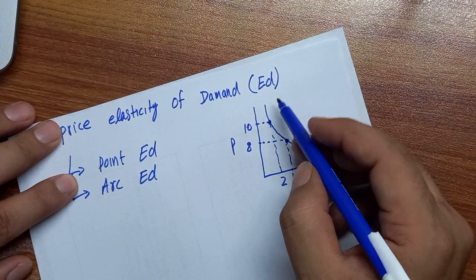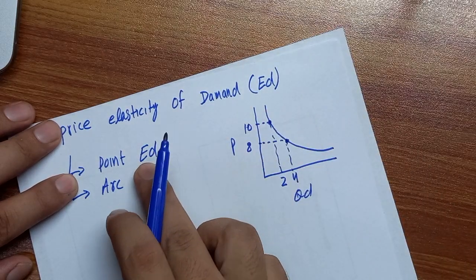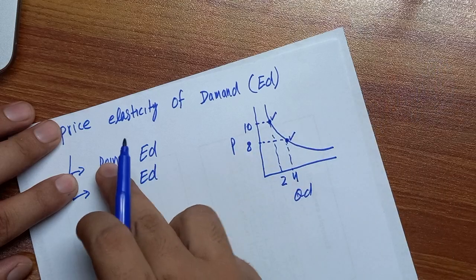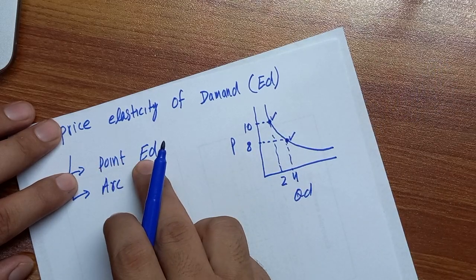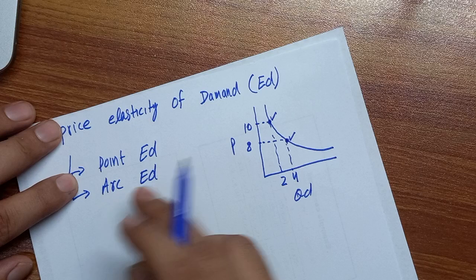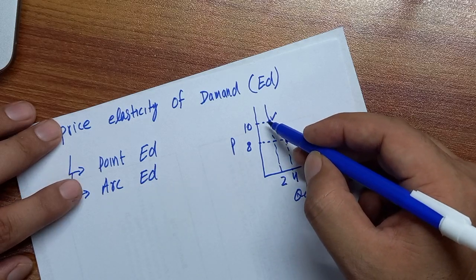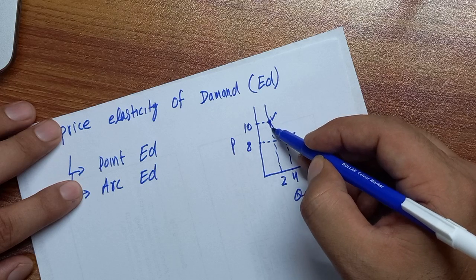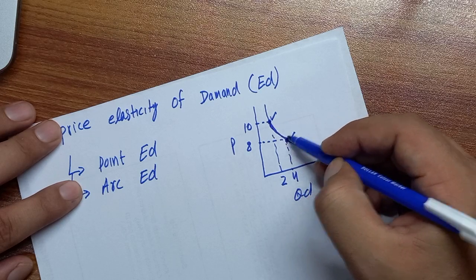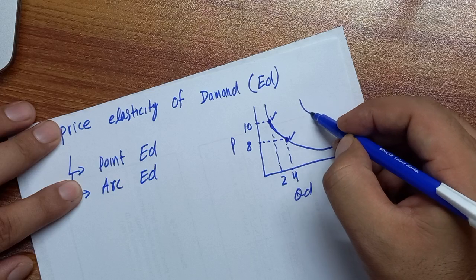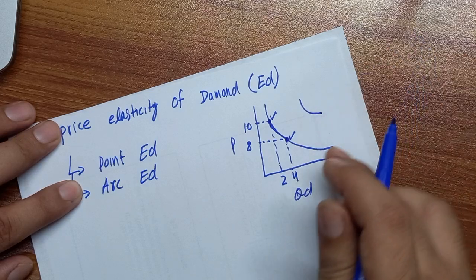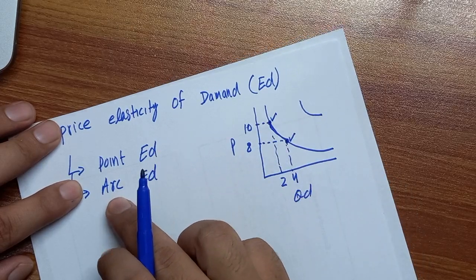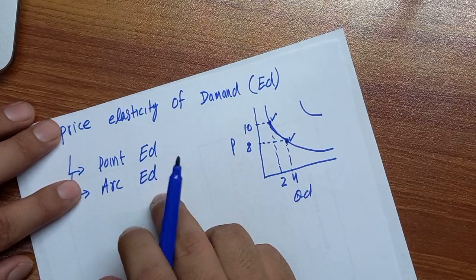When we are finding the elasticity of demand on this point or on this point, we will use point elasticity. And if we are finding the elasticity of demand between these 2 points, we have a shape like an arc, so we will use arc elasticity of demand.